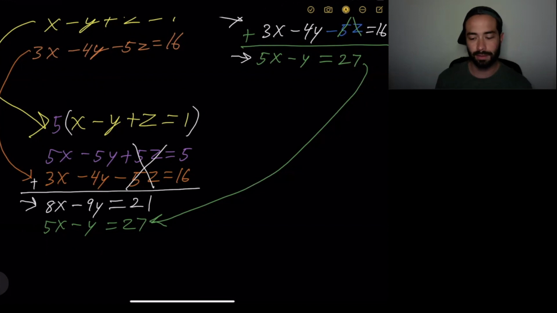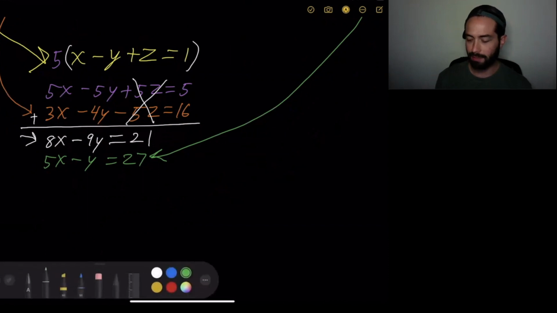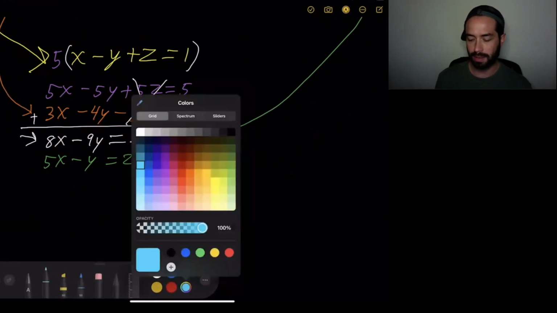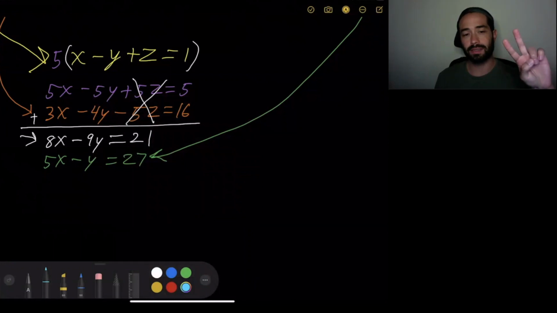So what do? Well, I do the same type of thing. I can adjust one of the equations, right? Balance it out by multiplying by something all the way through. The easiest thing that I can see right away is that if I multiply by 9, I will get 2 9y's.